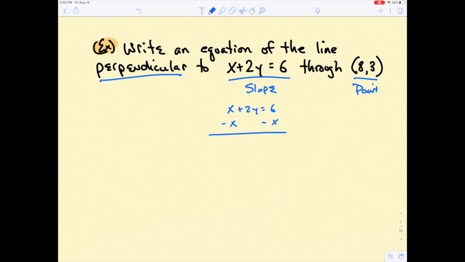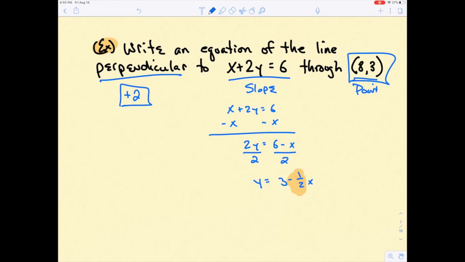Let's isolate the y. And we're in business. So 3 minus 1/2 of x. So my slope is -1/2. I want it perpendicular, so the opposite reciprocal of -1/2 is positive 2/1. So positive 2. So this is the slope I want, and this is the point I want.